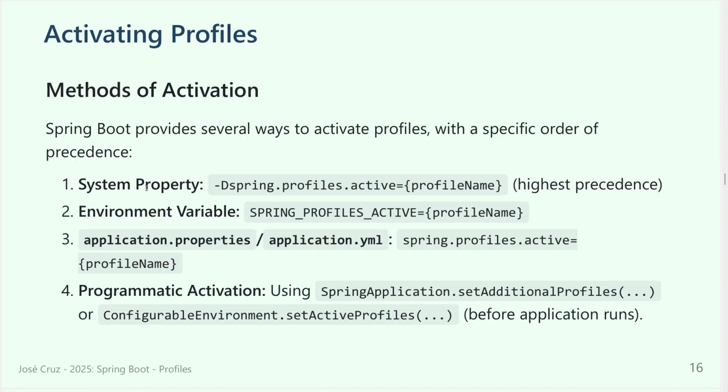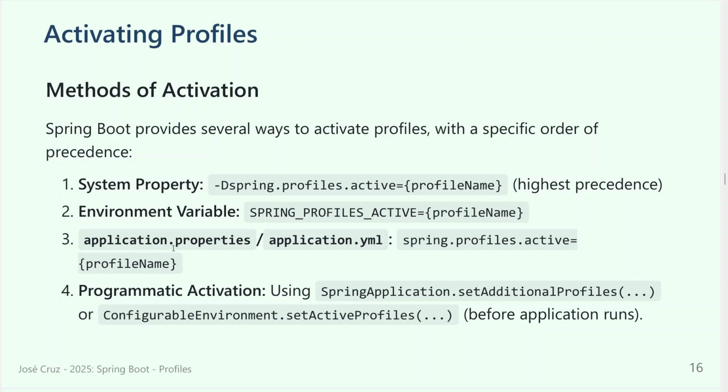If you provide this way to activate your Spring profile, then it will have precedence over the environment variable. The second one, which is another way for you to activate using environment variables, will have precedence over the application properties.